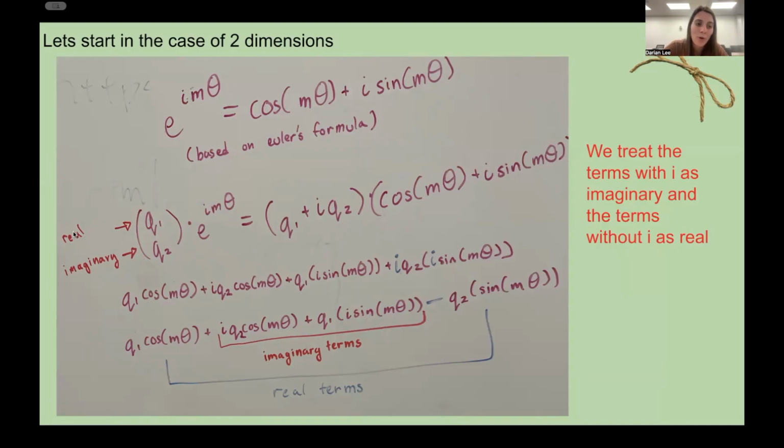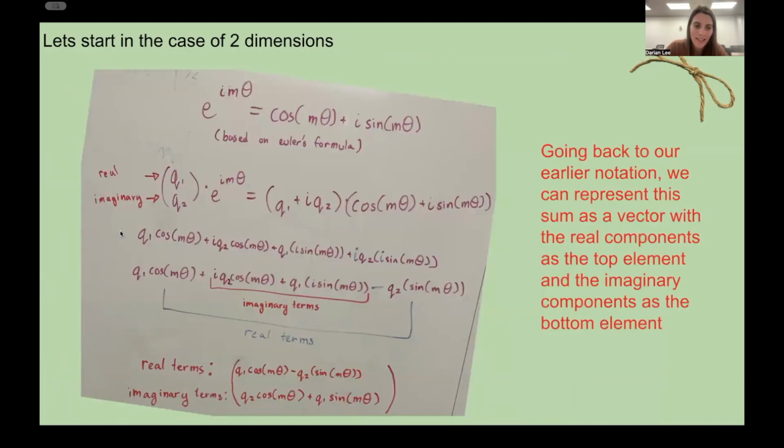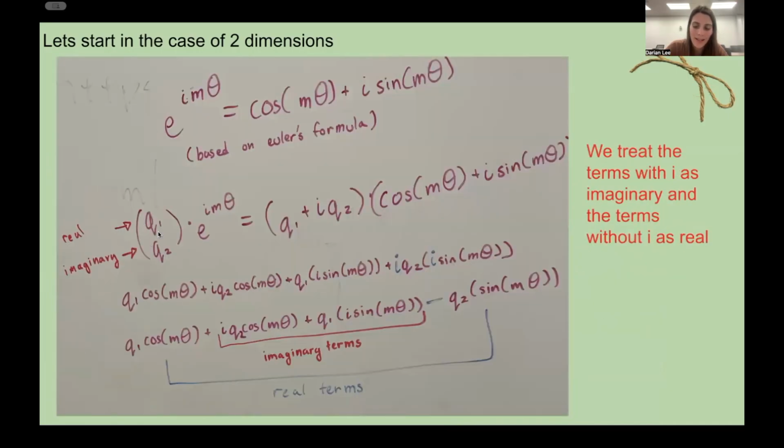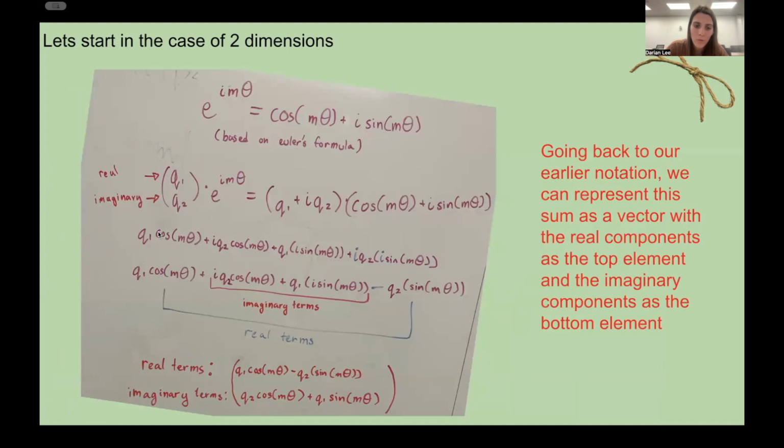So going back to our earlier notation, how we defined it previously with Q1, Q2, we can rewrite this product as a vector where the first term is the real term and the second term is these imaginary terms.